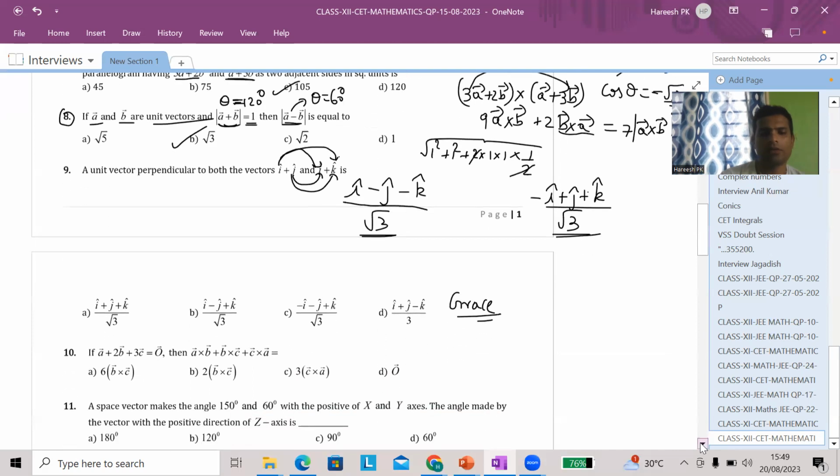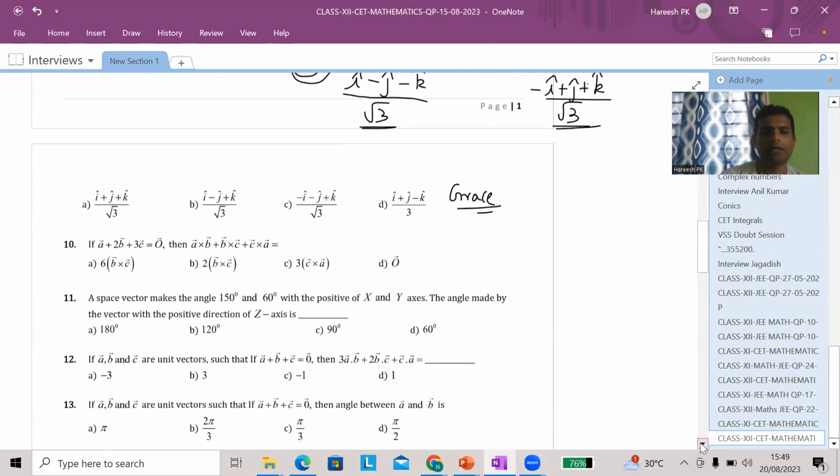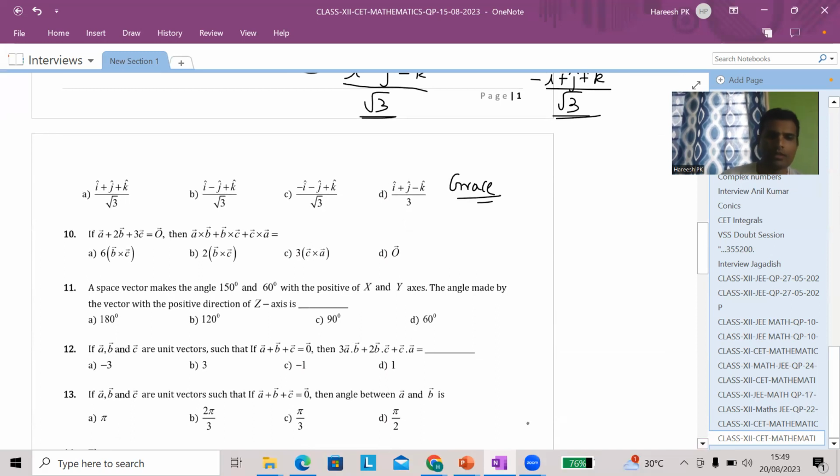Now, how do we solve the 10th one? The 10th one again is a simple question. They have given vector A plus 2 vector B plus 3 vector C is 0. And they're asking us to evaluate this. Right.